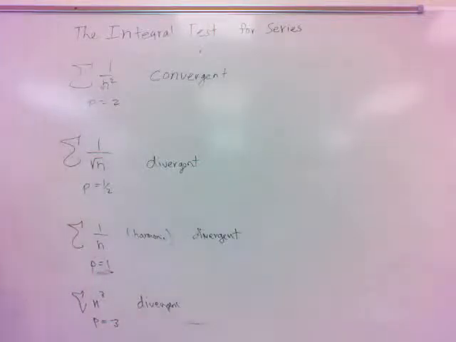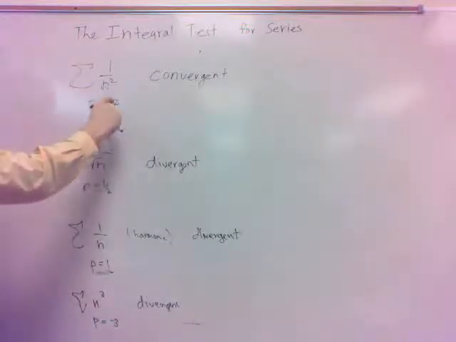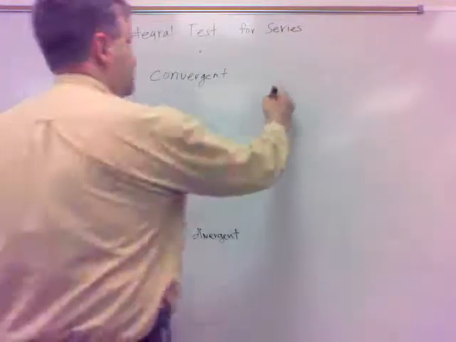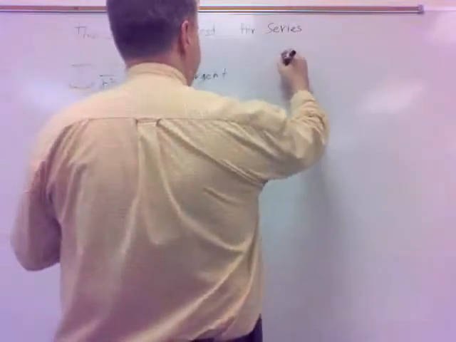If the p of the p-series is 1 or less, the p-series diverges. If it's something bigger than 1, it's going to be convergent. We just did that one, but it'll work the same for n cubed, n to the 4th. So here's the nice p-series rule.